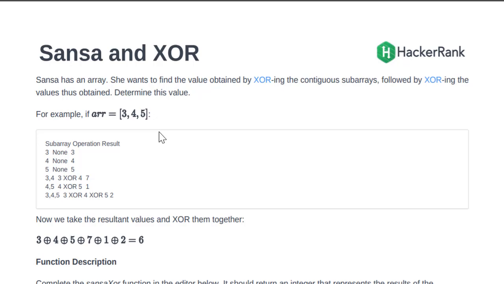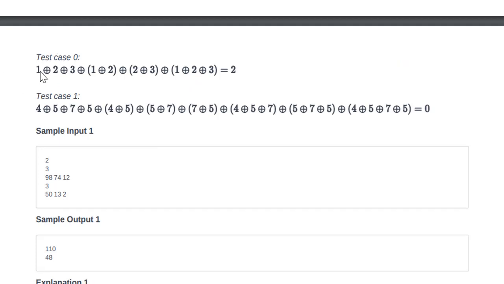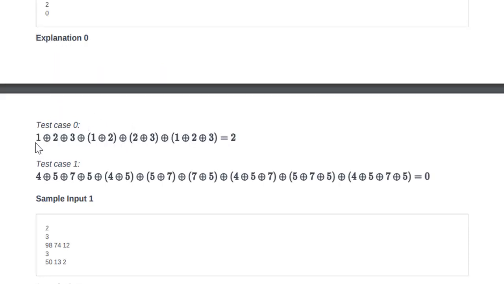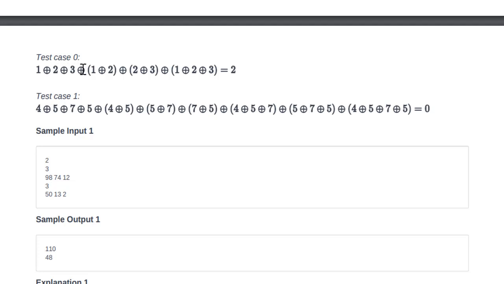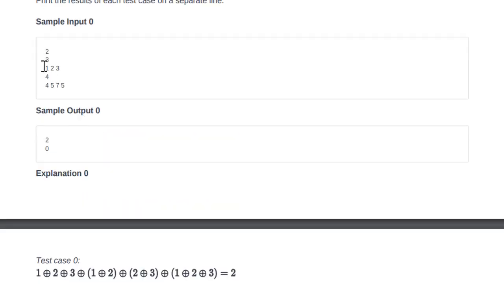Okay, so how are we going to compute this value quickly? To answer quickly, we just have to take a look at this test case that we have right here. So basically they are taking the array 1, 2, 3. That's the sample array 1, 2, 3.